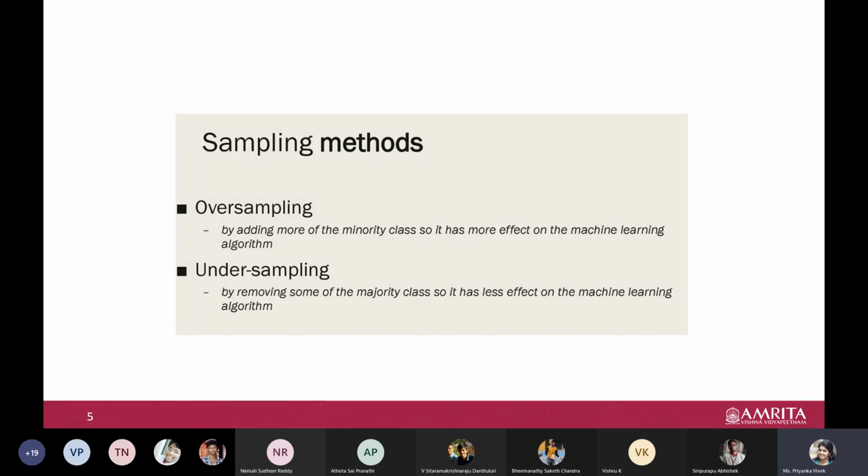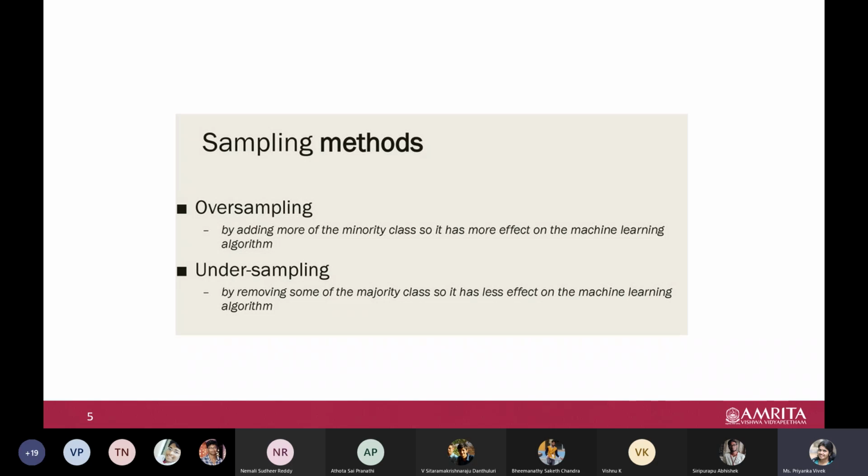Considering my previous example of 4,000 patients, out of which 100 have cancer, that belongs to one class, and the remaining 3,900 belong to another class. The class where I have only 100, a very small number of samples, we call the minority class. So cancer equal to yes is the minority class in this example, and the other class would be the majority class.